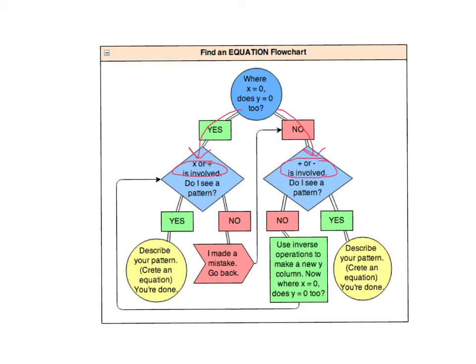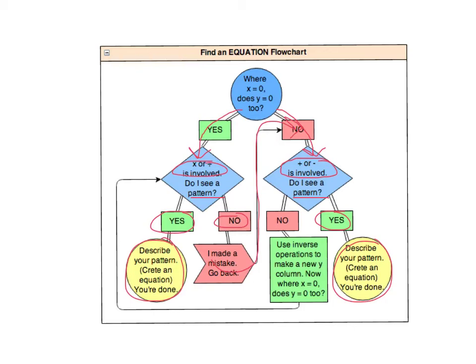Now I look and I say, do I see a pattern? If the answer is yes on either one of those, great, I'm done. It's a one-step equation. I describe the pattern, meaning I write the equation and I'm done. If I'm over here on the multiplication or division side and I say no, then I go, oops, I made a mistake, and I have to assume that addition or subtraction is also involved.